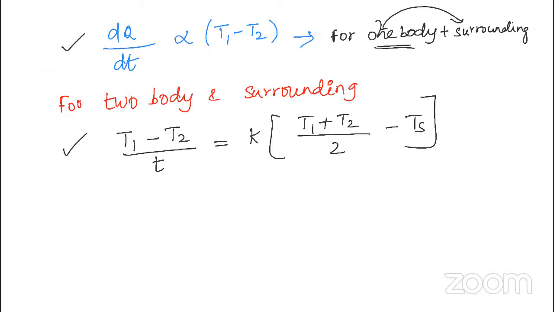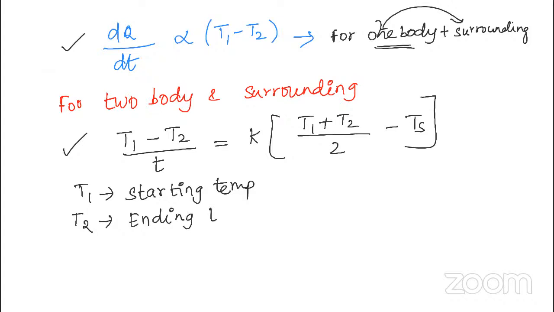Here T1 is the starting or initial temperature, and T2 is the ending or final temperature. Small t is time, and K is a constant value.